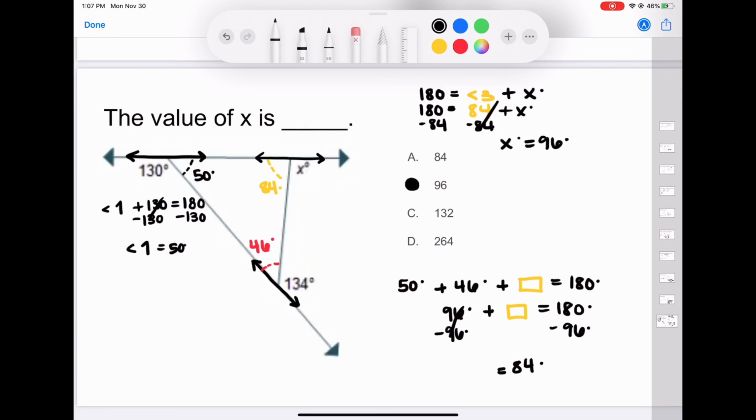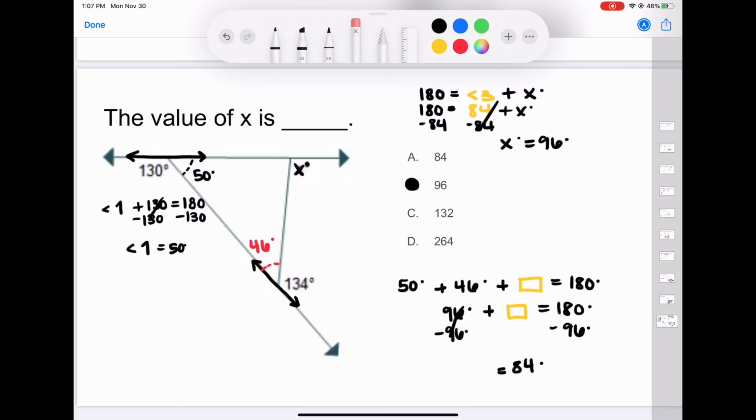Okay? So basically, you just use all your different angle relationships in order to solve for your missing angle, which is angle x. Another way that you could have gone about solving this problem is once you know your two interior angles or your remote interior angles, your non-adjacent angles from that exterior angle, you can just add those two together.